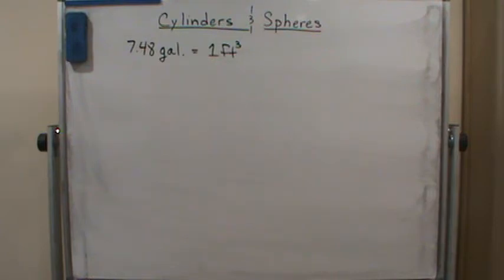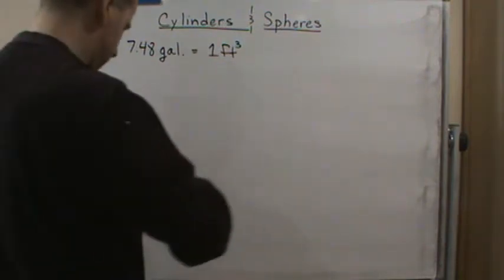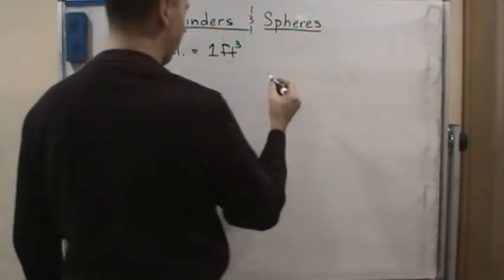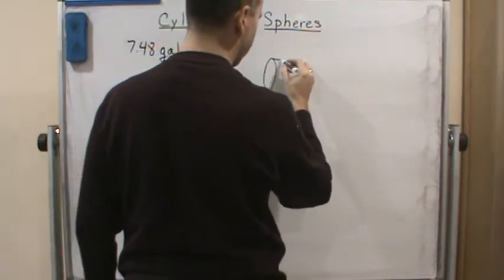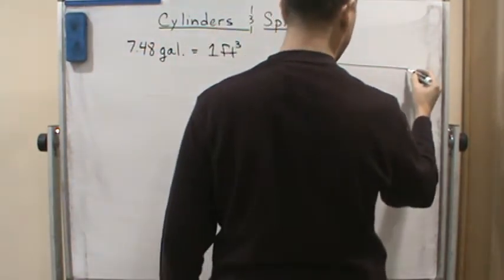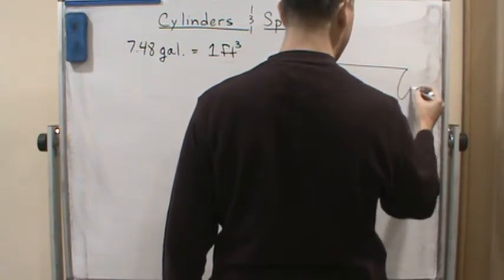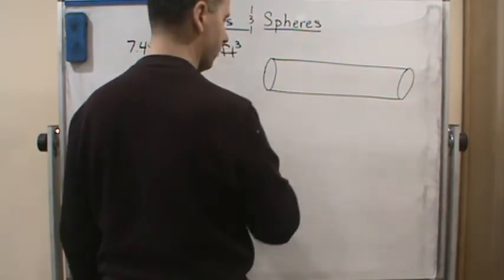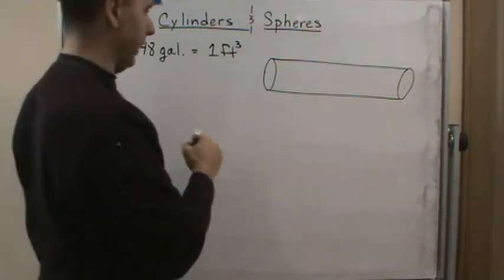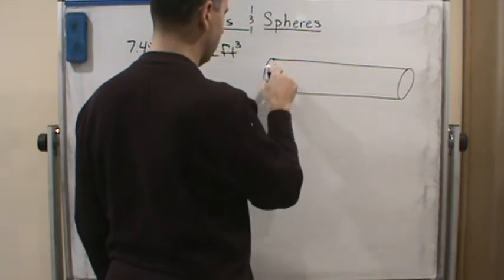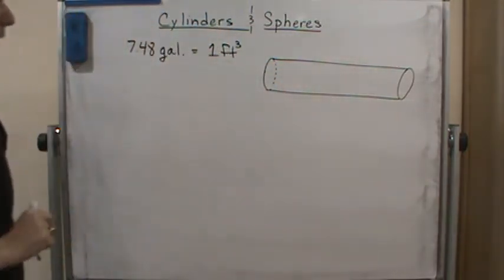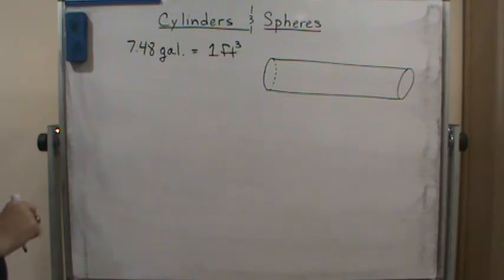So let's write down the information they give us. We've got a break in a 10-inch diameter pipe. So let's just draw a picture. Here's the picture I'm going to draw. There's our pipe, right?